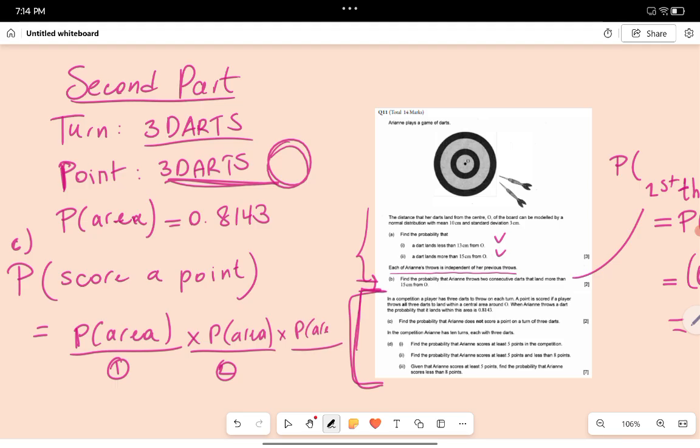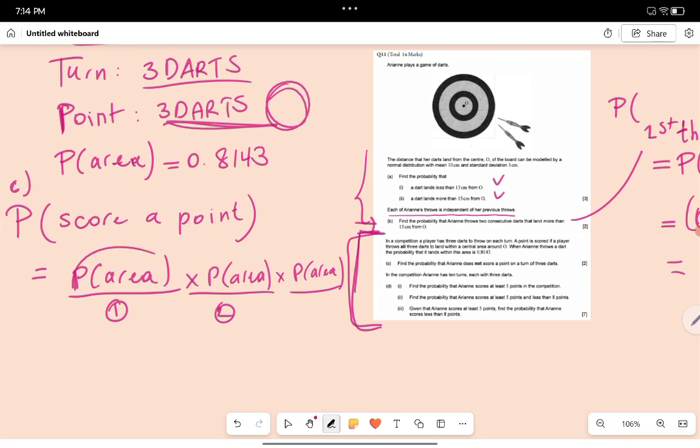If we want all 3 darts to fall within the area, everything needs to happen at the same time. So when we have ands and they are independent, guys, we can simply multiply.